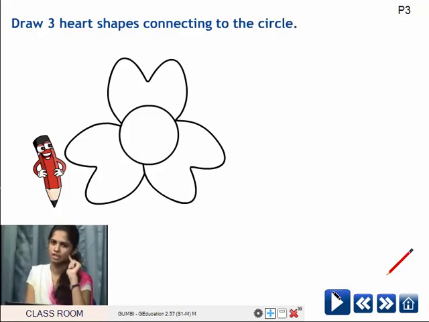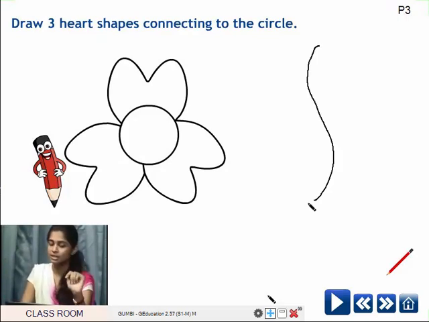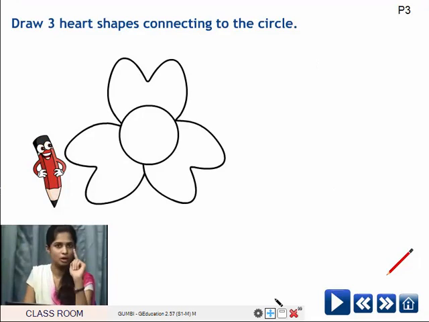Now the third instruction is you have to draw S shape. So S shape, how will you draw? Like this. But remember, where to draw this S shape? You have to draw the S shape below the circle, but where the two heart shapes join.